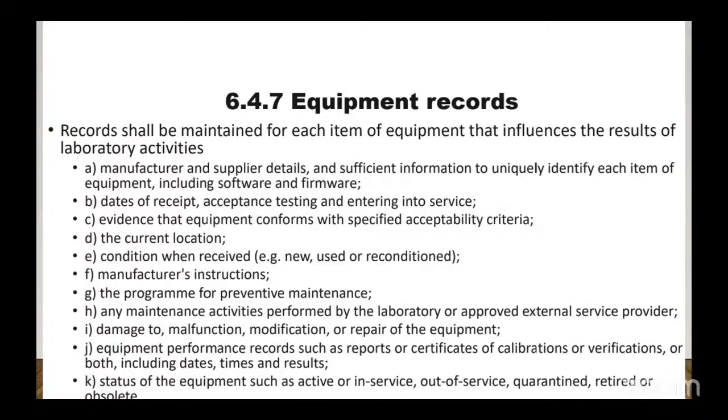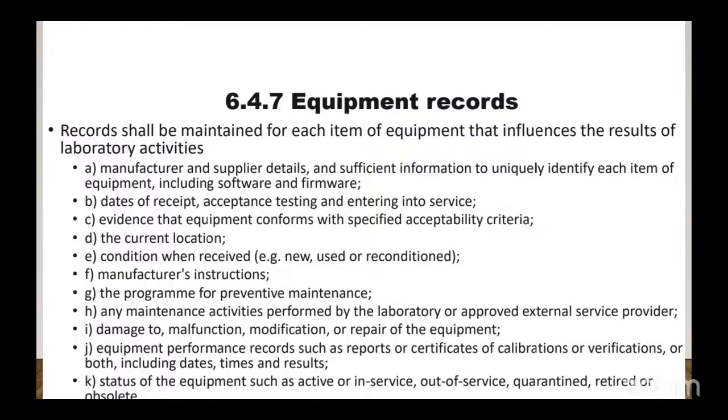Date at which the equipment was received, acceptance testing, and entry into service. Evidence that the equipment conforms to the specified acceptance criteria. The current location has to be there. The condition when it was received, whether it's new, used, or refurbished equipment, you have to document it.